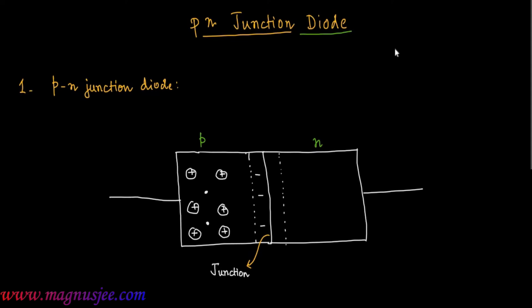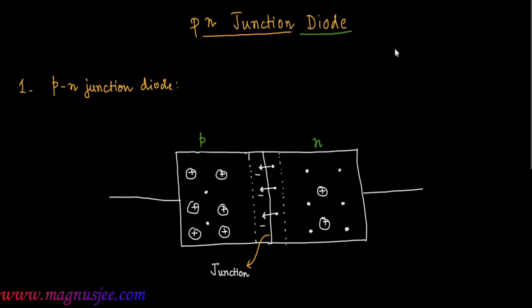Similarly, majority charge carriers in the N-type semiconductor are conduction electrons, and holes are the minority charge carriers. Initially we had conduction electrons, and these conduction electrons will diffuse into the P side.